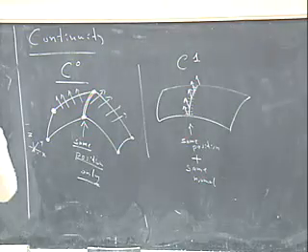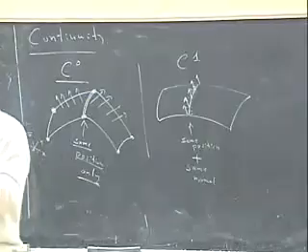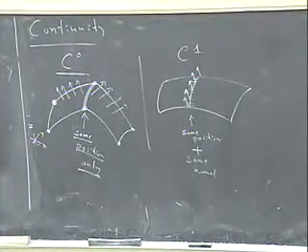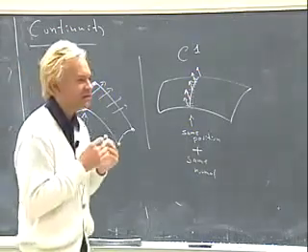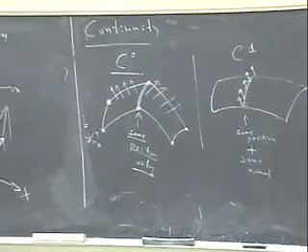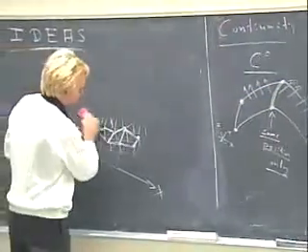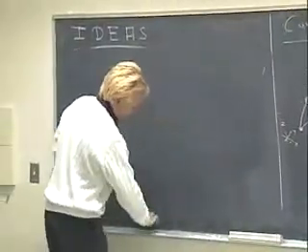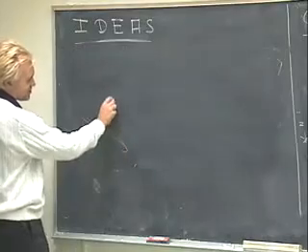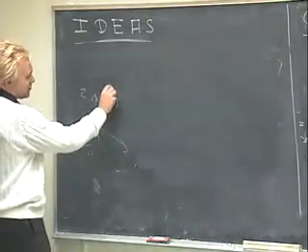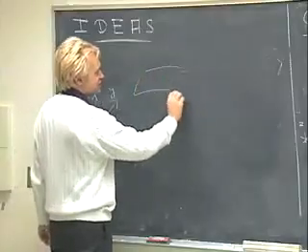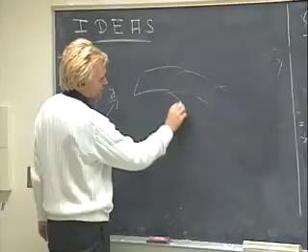Do I only have to worry about continuity between two patches coming together or more? How many patches come together? When I build an entire car body, let's go to the ideas again here. Entire car body, I have a bunch of patches coming together, right? Don't copy this, this is just ideas. So z, y, x. So here's a patch. Here's another patch. Here's a patch.